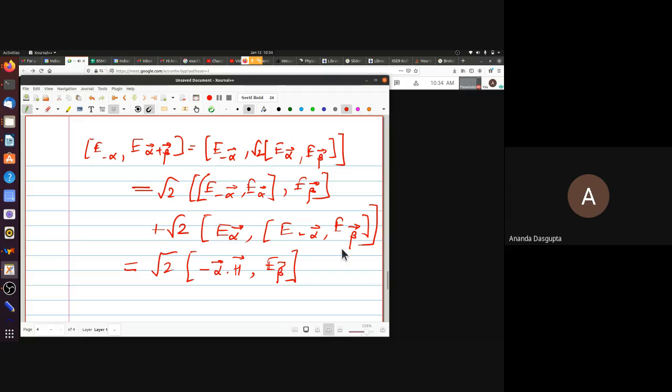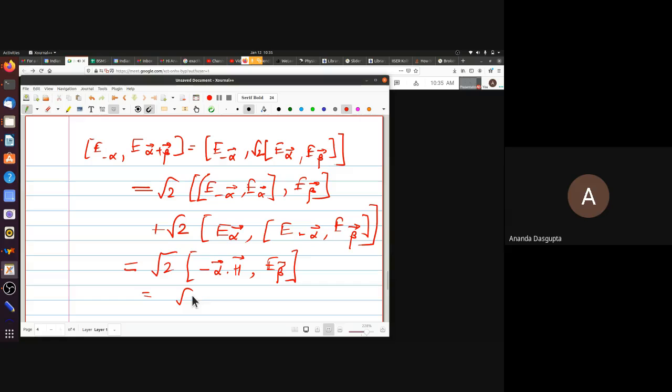What about this commutator? How much is this? That one is 0, right? Notice that we are using the results we already know. This one is 0, this one is minus alpha dot h. And now you know what this is.